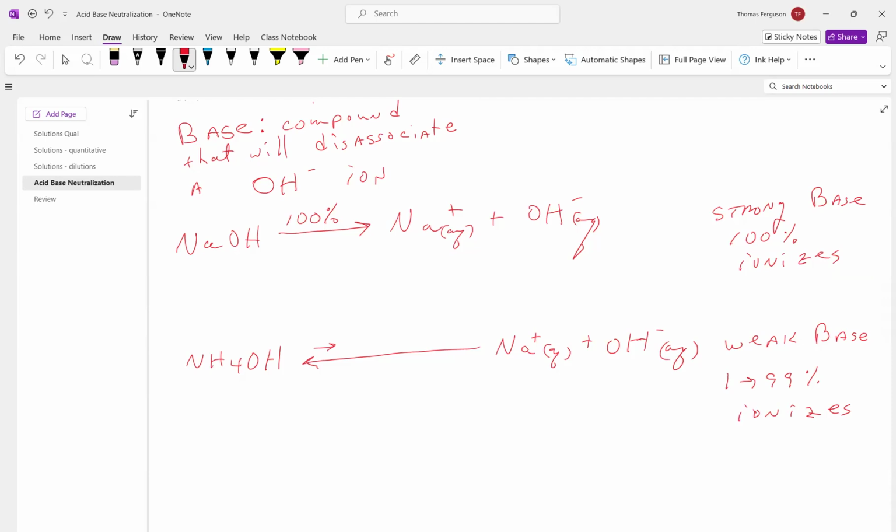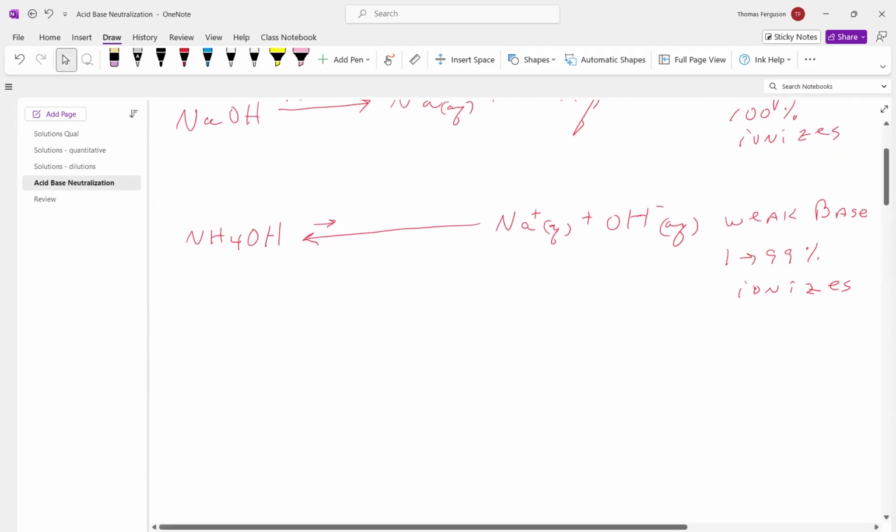Okay, and then there's the last category, a non-base. For example, drinking alcohol. Ethanol has a hydroxide group on it, an OH group.